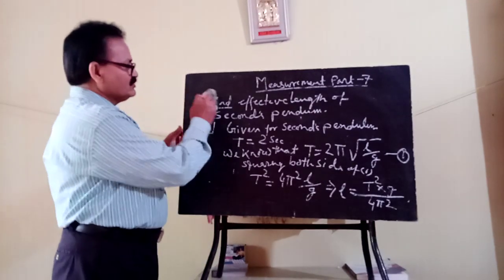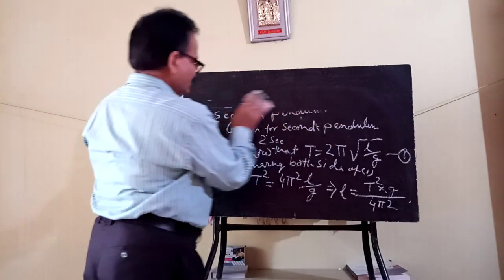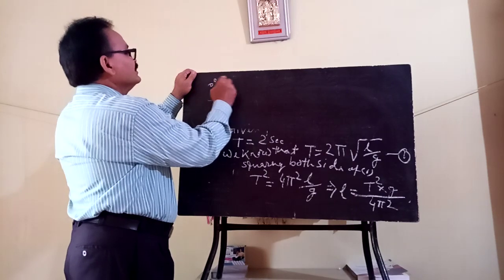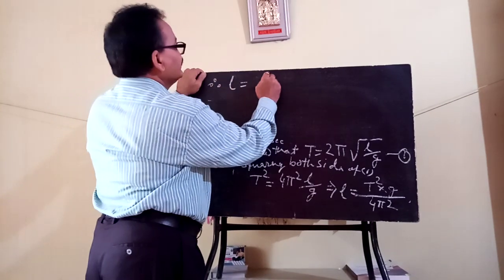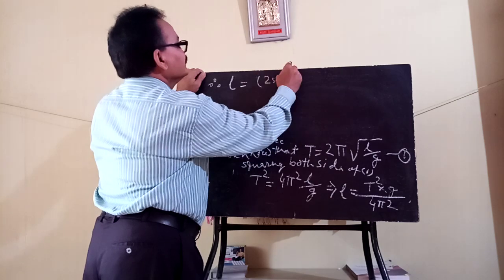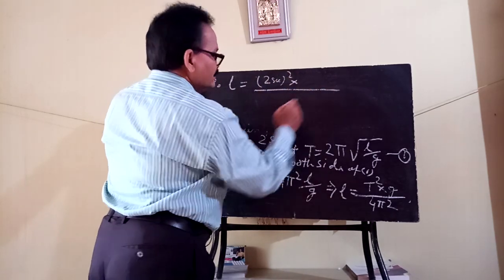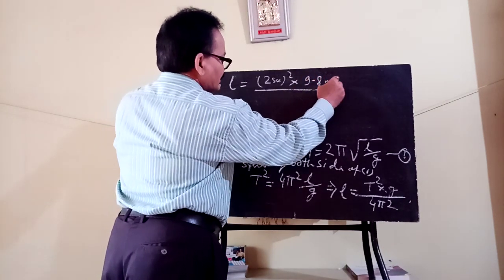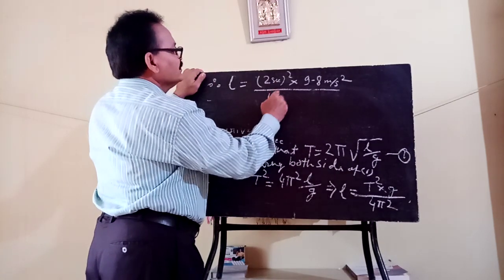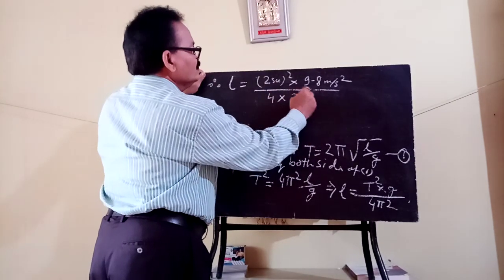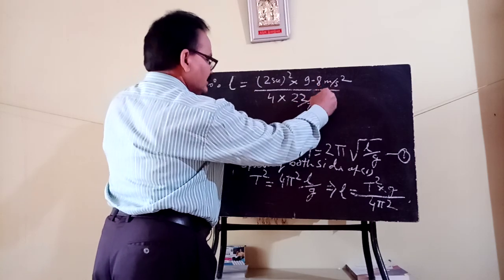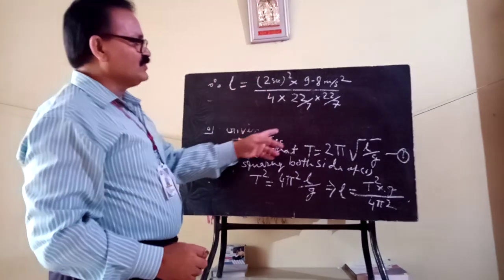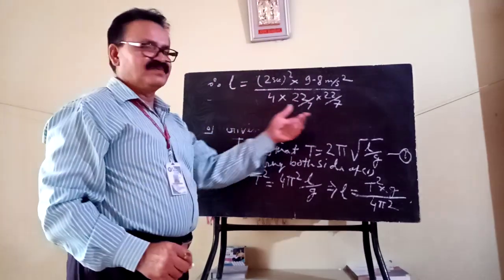Therefore L equals T square, means 2 seconds square, into g, you can take it as 9.8 meter per second square, divided by 4 into 22 by 7 into 22 by 7. So this 7 will go upward because this is the denominator of the denominator.